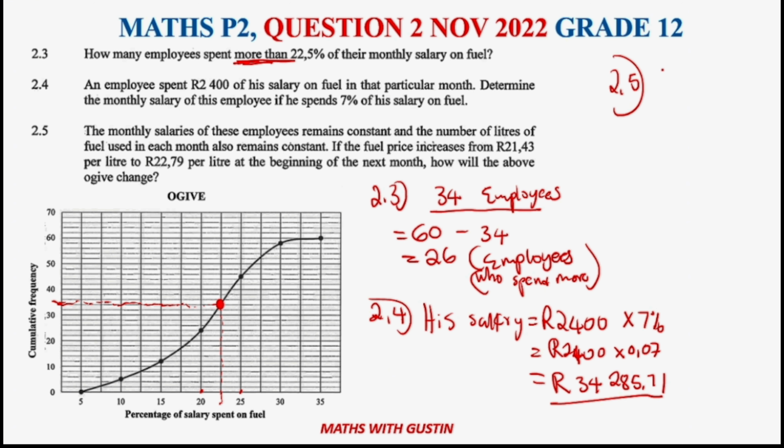So therefore this will make the Ogive more steep. I'm just going to illustrate that now. So our graph will be more steep.